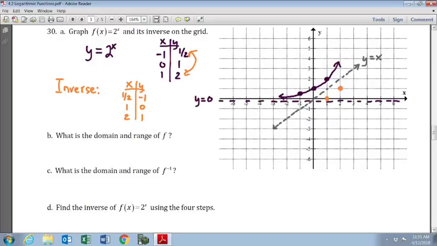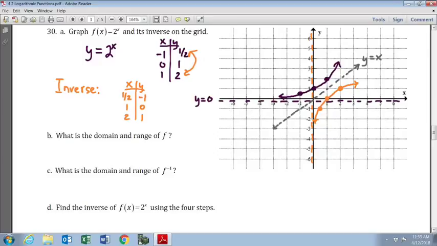So let's go ahead and graph these points, and you can see that the shape is going to look something like this. Notice I've got the vertical asymptote that I'm going to need, and the graph's going to look like that. So notice you can see the symmetry I was talking about.